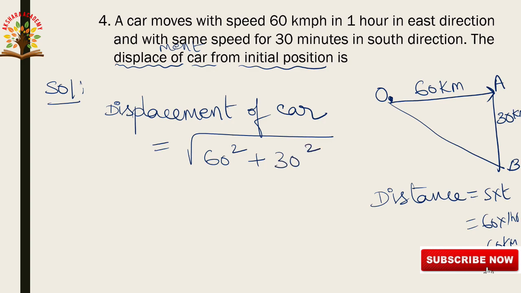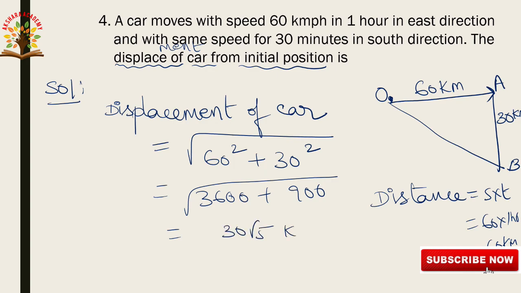So that is equal to 3600 plus 900. We get the total as 30 root 5 kilometers, and this is the displacement of the car.